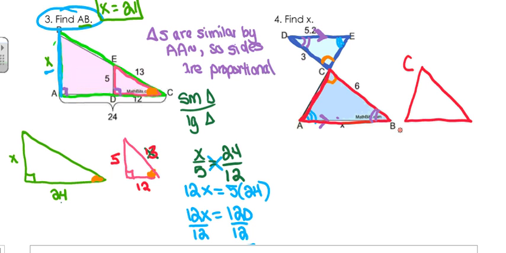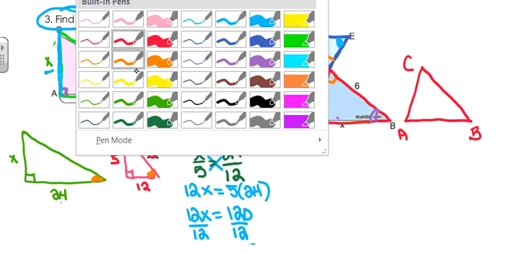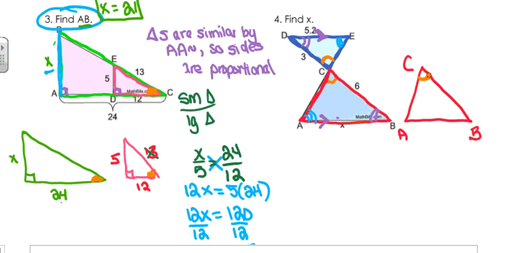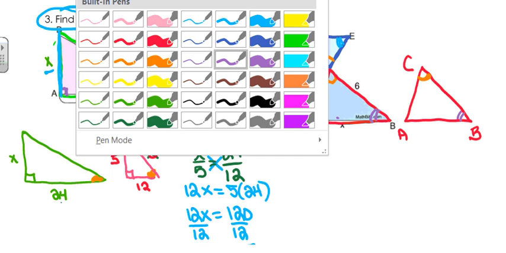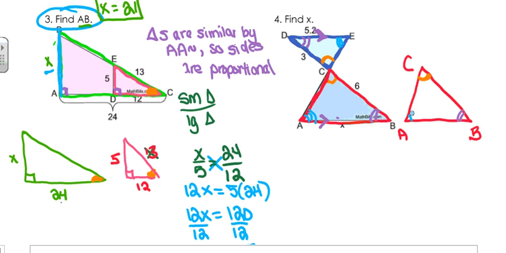But when I redraw them, I'm going to keep triangle ACB exactly the same. And notice that in triangle ACB, C, my orange angle, is at the top, B, my purple angle, is in the bottom right, A, my light blue angle, is on the left.